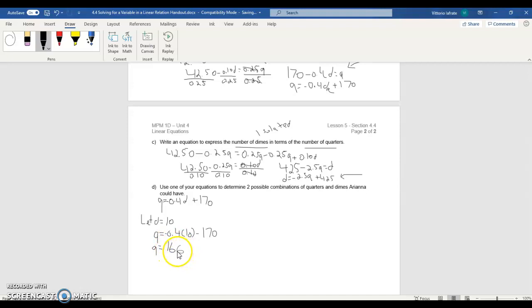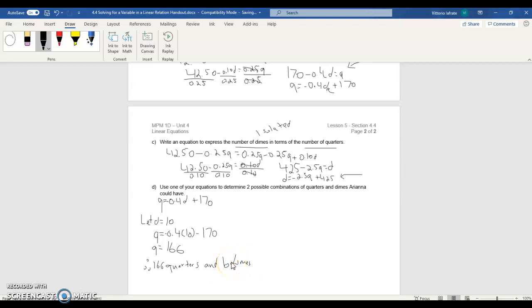166. So that means I have 166 quarters and 10 dimes.